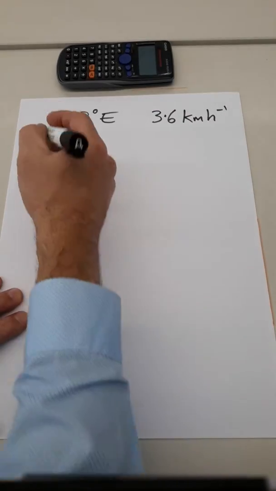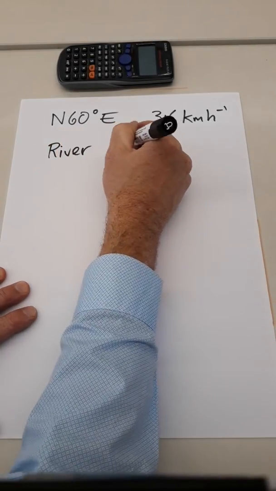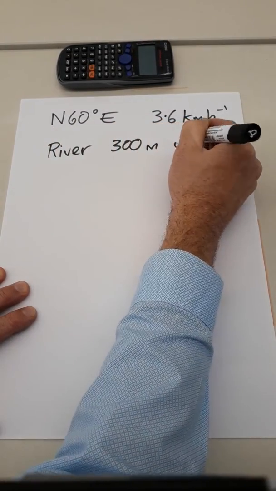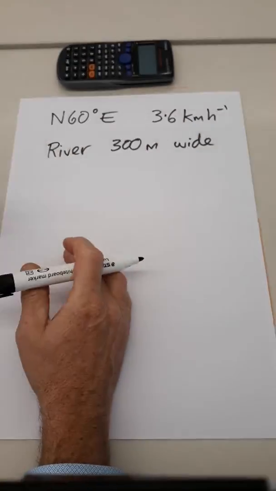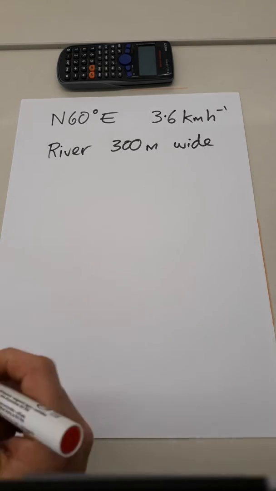So say we've got a river that is 300 metres wide. How long is it going to take him to cross the river? So let's have a bit of a look at the situation.